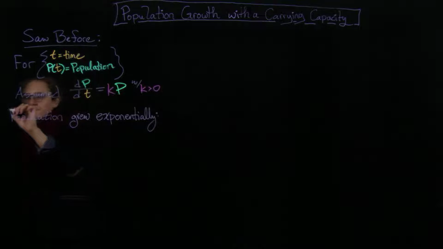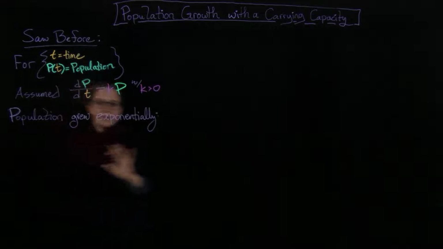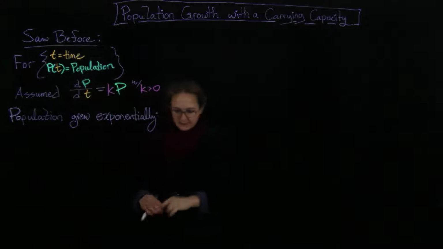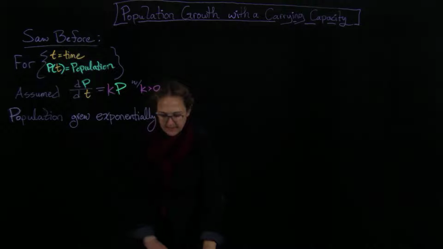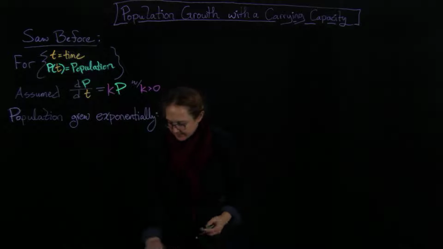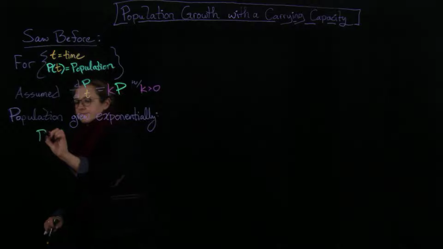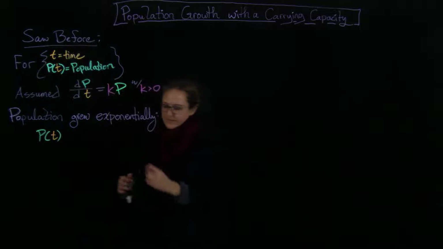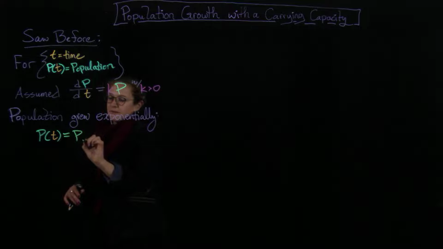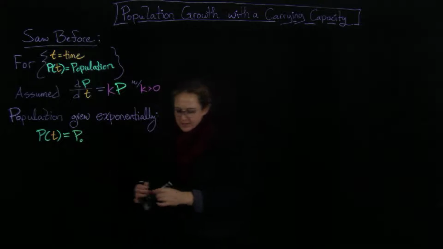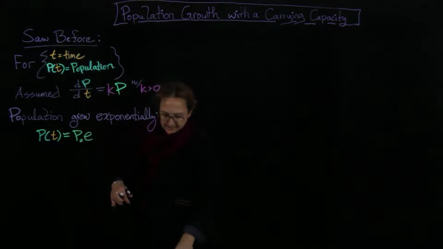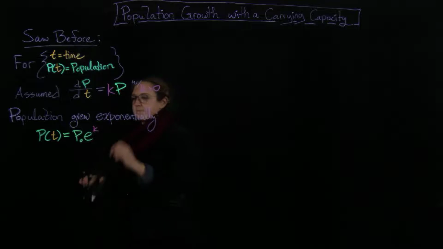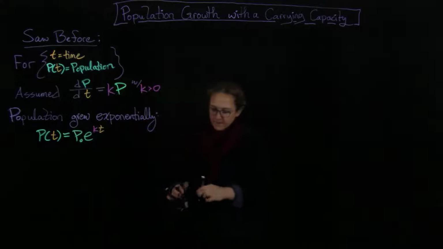What did that look like? P of t was going to equal some P naught, or initial population, times e to the kt, with k for the growth rate and t for time.